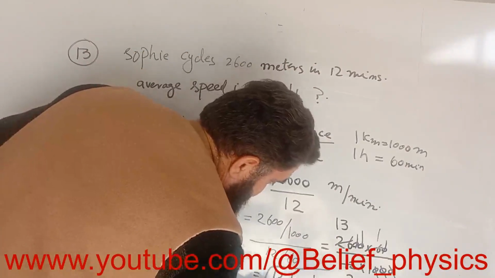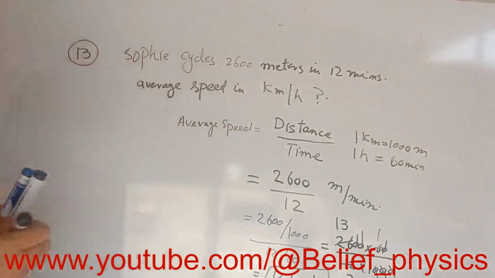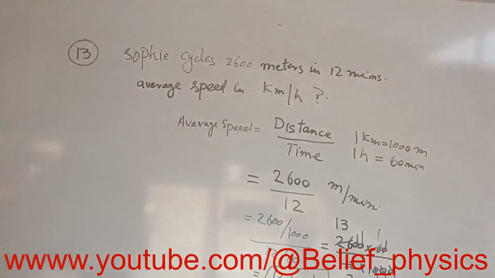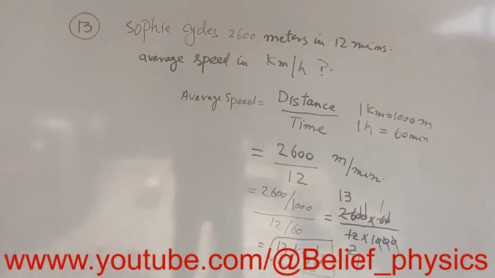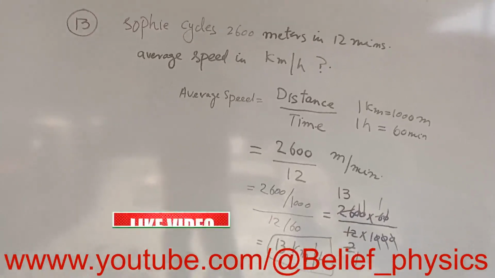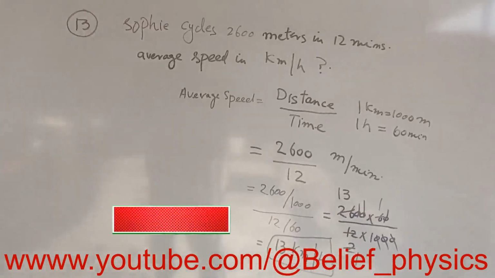So when Sophie cycles 2600 meters in 12 minutes, her average speed in kilometers per hour would be 13 kilometers per hour. That's it.